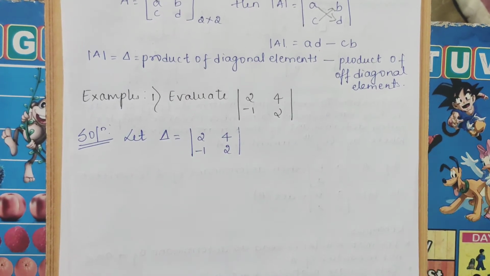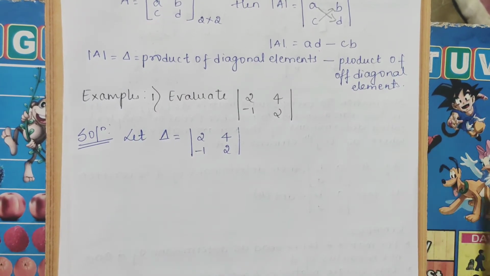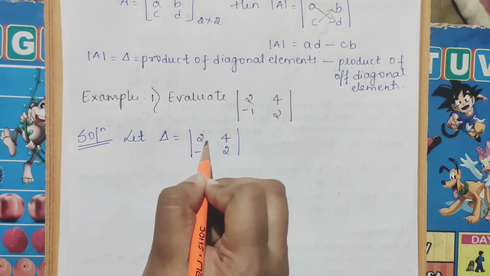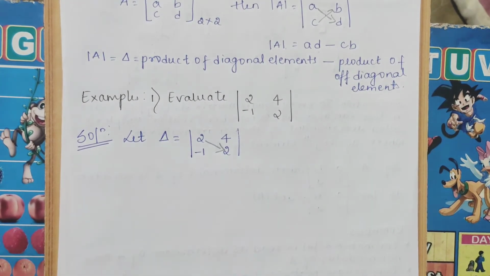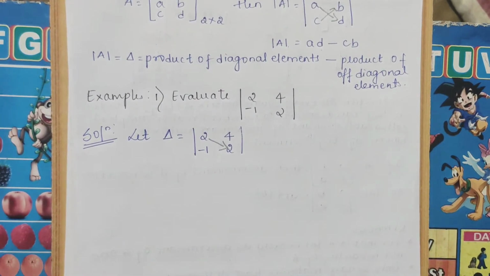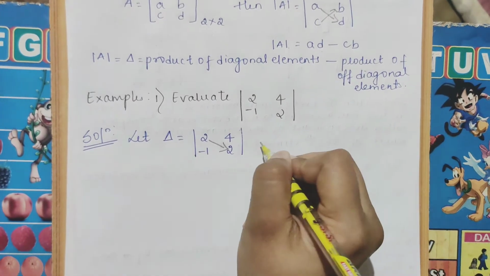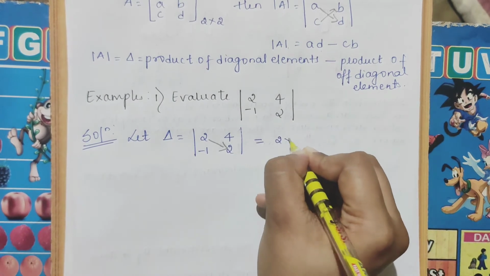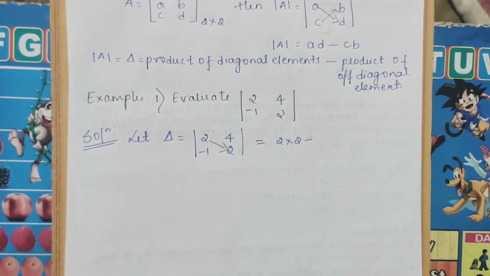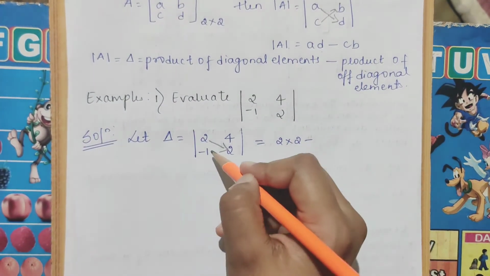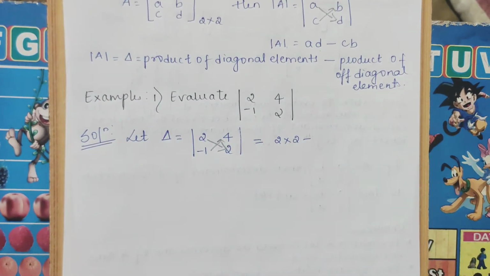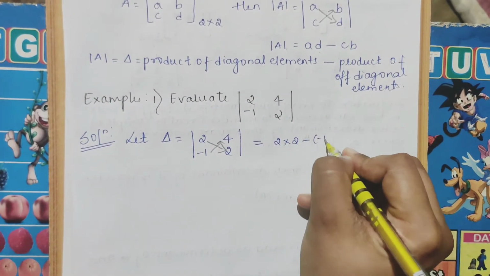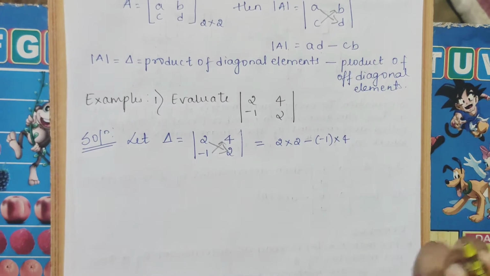Cross multiplying 2 into 2. So what you'll get? See, 2 into 2, minus the product of the off-diagonal elements, that is minus 1 into 4.